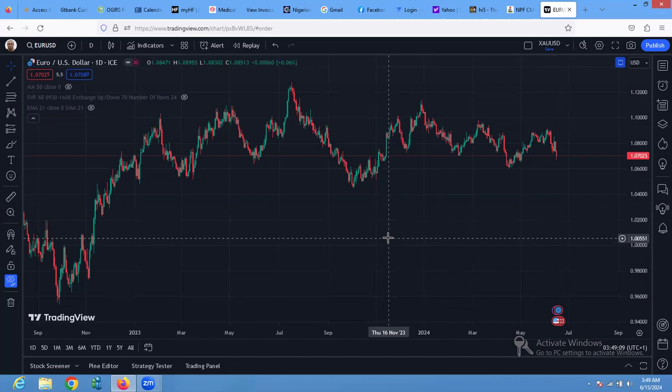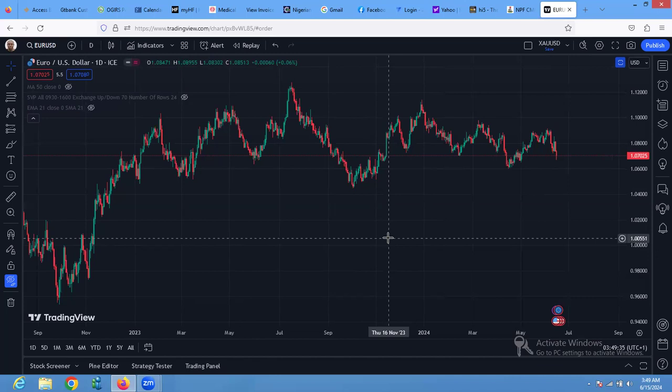In an impulsive wave or a motive wave, we know that there is momentum in wave 1, wave 3, which is the highest momentum, and wave 5. So we expect that those 3 will give us momentum candle, engulfing candle in wave 1, 3, and 5.